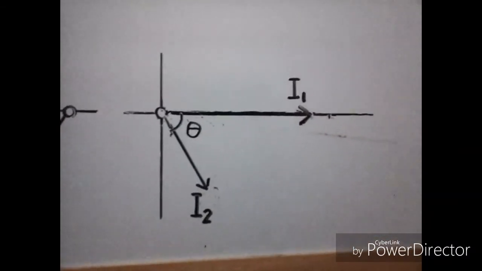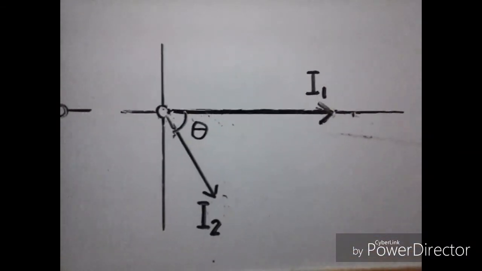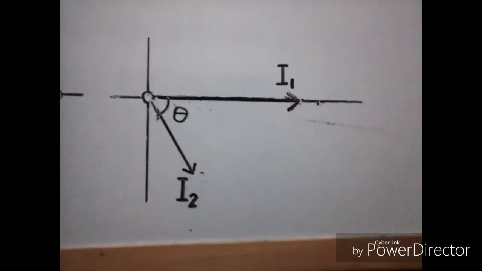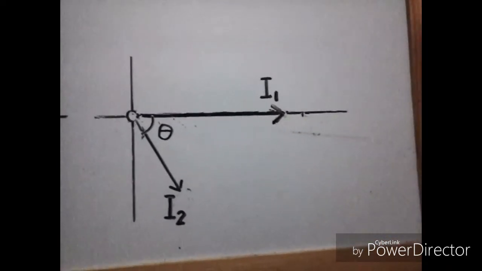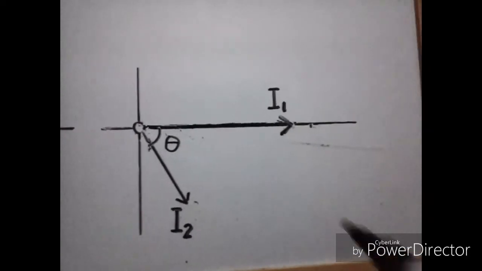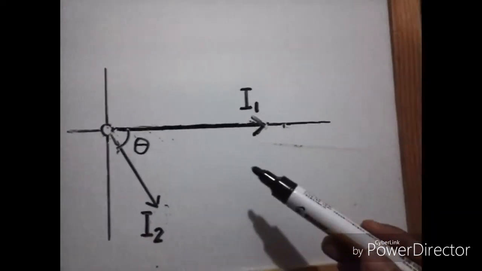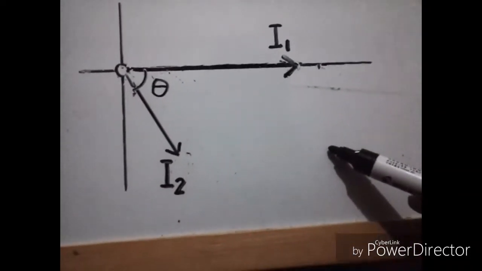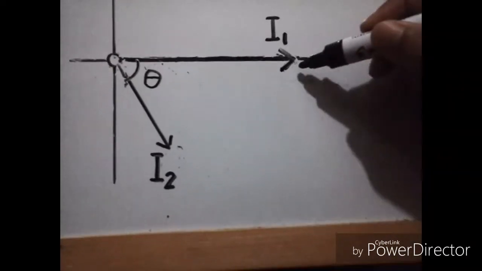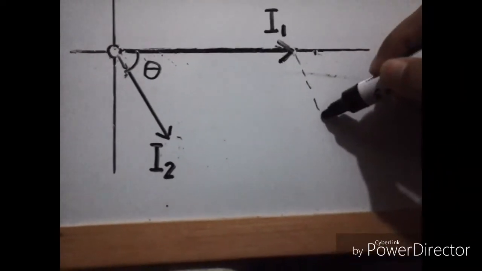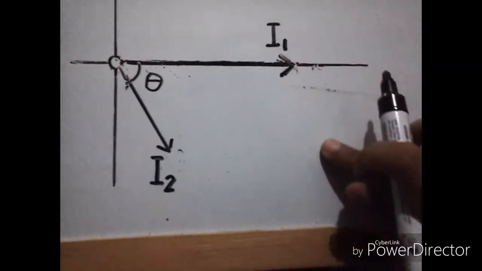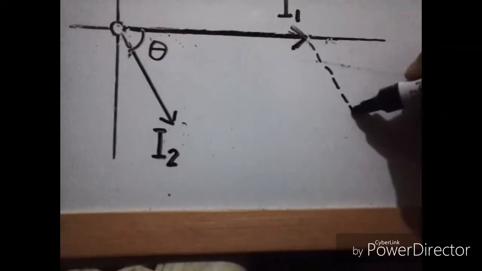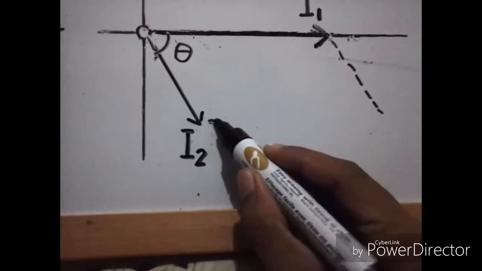Now it's time to apply our knowledge of the vector operation graphically in this situation. The parallelogram method can be applied here. So let's make a parallelogram by sliding I2 over here and I1 at the bottom. Now let's do that. I think it's a bit diagonal. So that was a perfect diagonal.